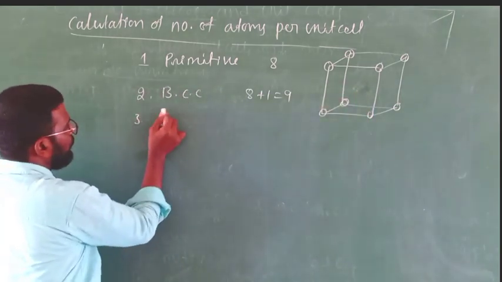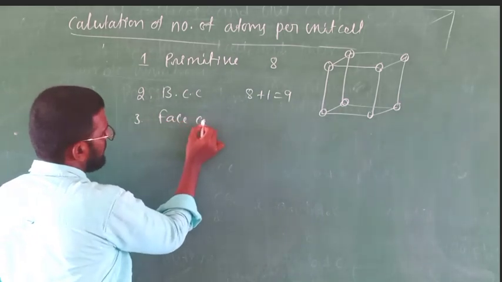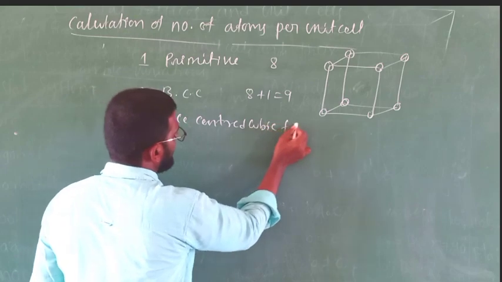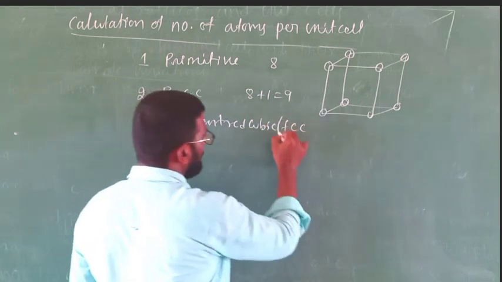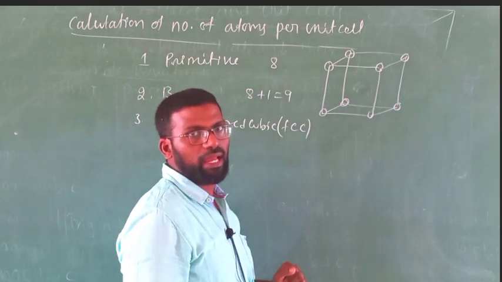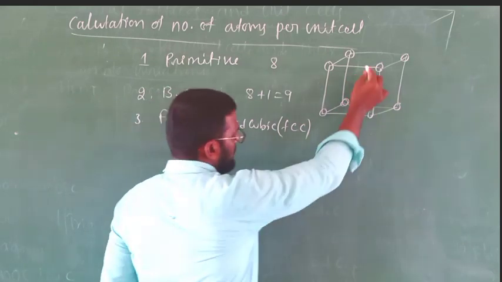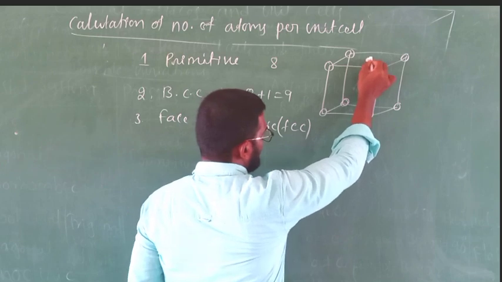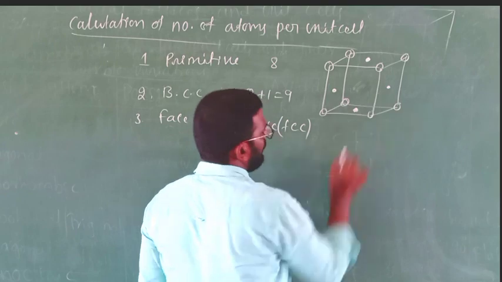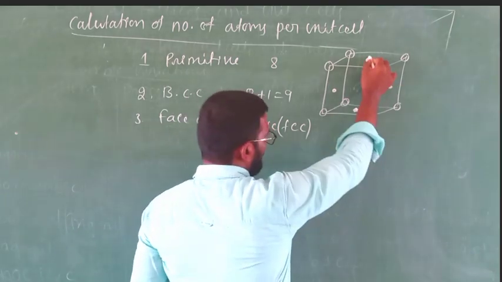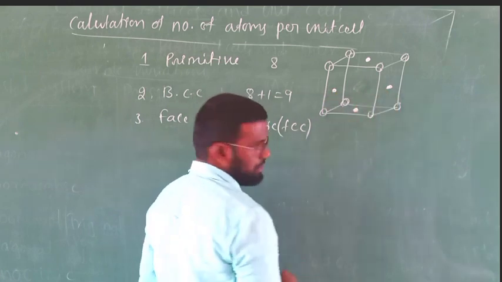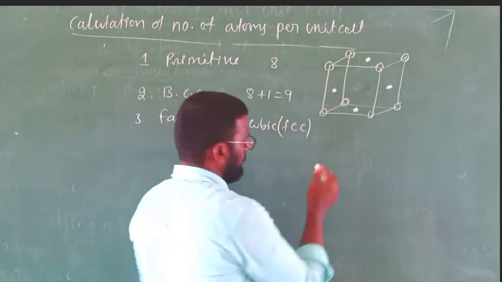Third one, face centered cubic, FCC. In face centered cubic, there will be 8 particles at 8 corners and 6 particles at 6 faces: upper face, bottom face, left side face, right side face, front face, back face.